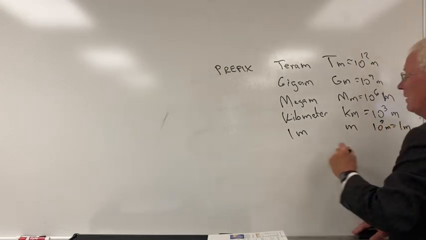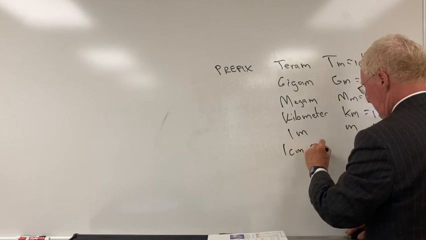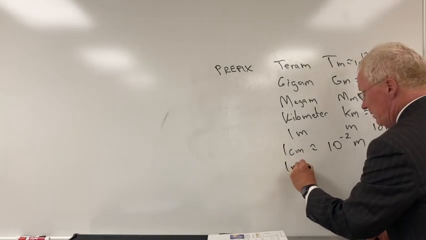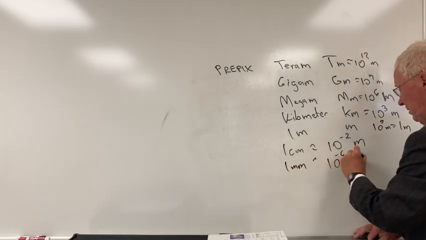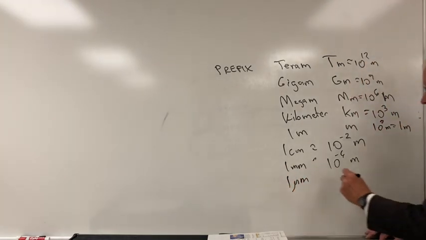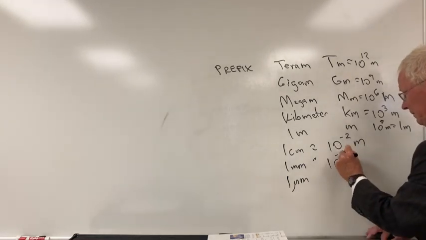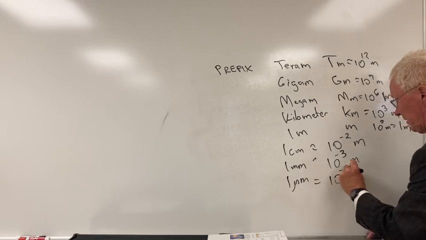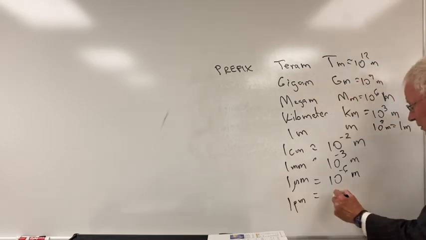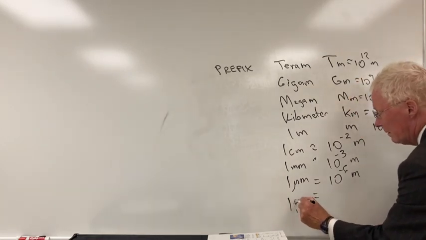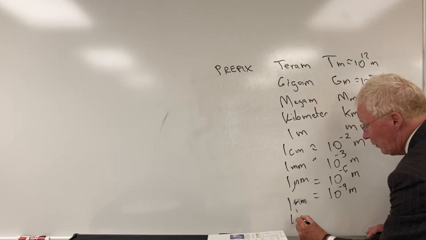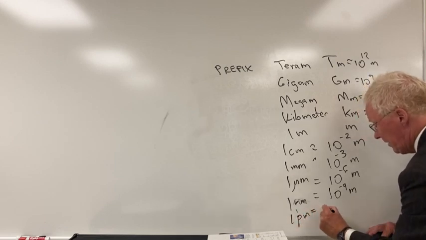Which is 1, and centimeter, which is 10 to the minus 2nd meters, millimeters, and we're using little letters, 10 to the minus 3rd, micron, little Greek letter mu, which is 10 to the minus 6th meters, nanometer, which is 10 to the minus 9th meters, and then picometer, which is 10 to the minus 12th.